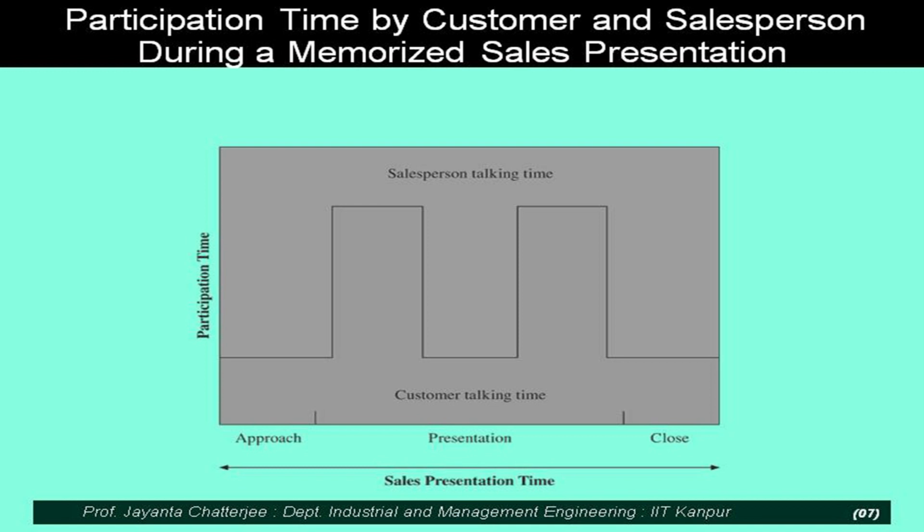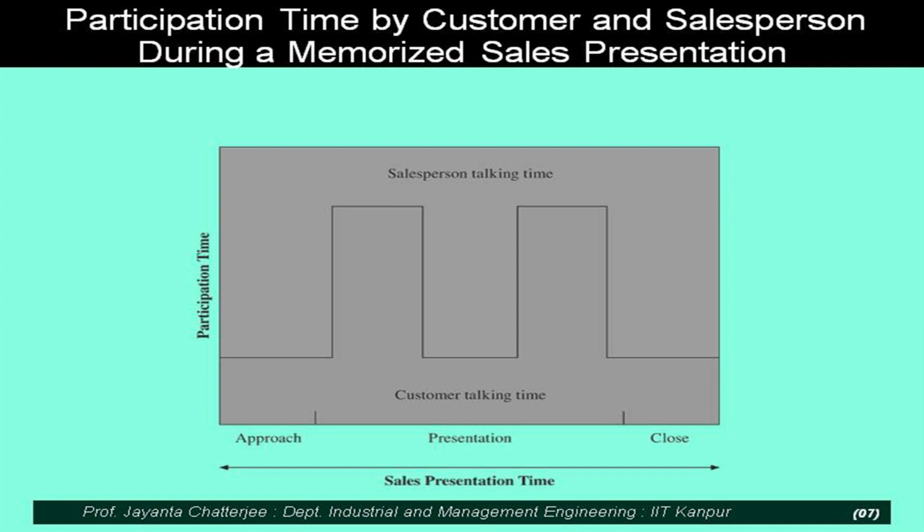However, whatever approach you are taking, this is a slide which says that this is fundamental. As you see here, in the approach stage, it shows on the y-axis the participation time, and on the x-axis it shows presentation. So you can see that during the presentation time, there is the customer talking time, which is actually on the lower side, and the salesperson talking time.